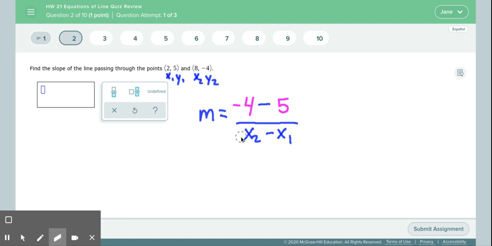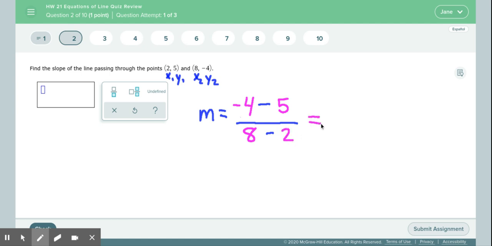Then I'm going to erase x2, and I'm going to replace it with what I labeled as x2, which is 8. And then I'm going to erase x1 and replace it with what I labeled as x1, which was 2. And then feel free to pull up Desmos and type all of this into Desmos, but we're going to come up with negative 9 over 6, which is going to reduce down to be negative 3 over 2.